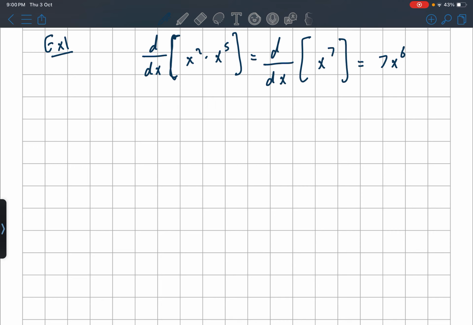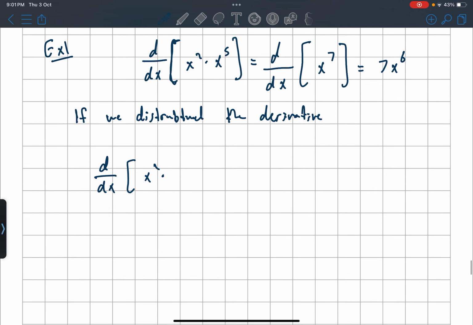So if we distributed the derivative, it will be d over dx of x power 2 times d over dx of x power of 5.